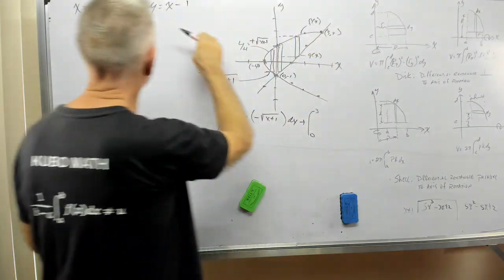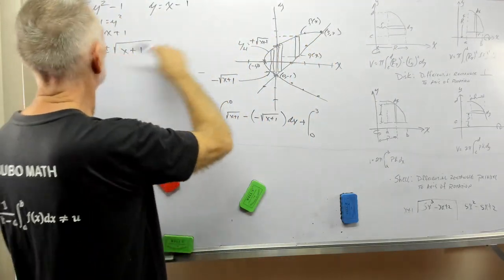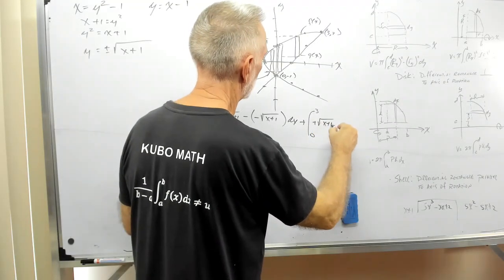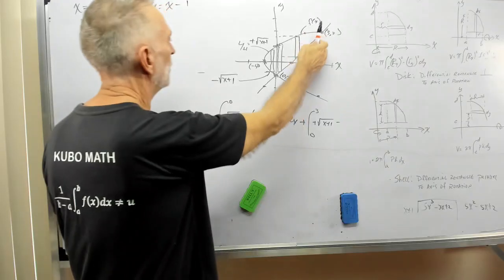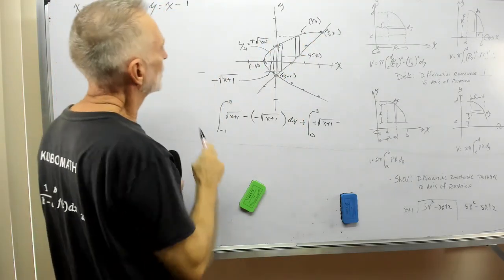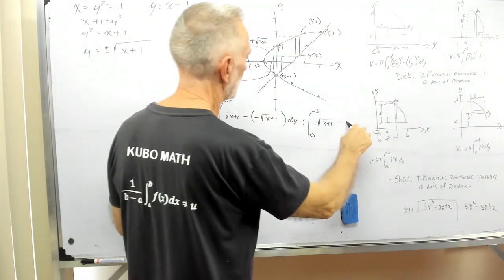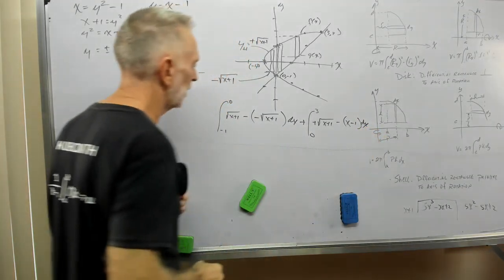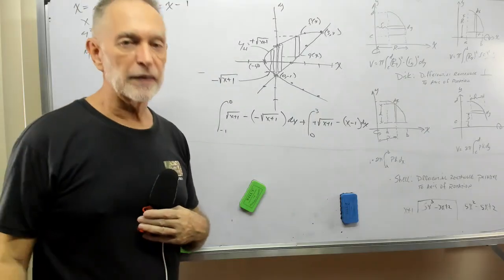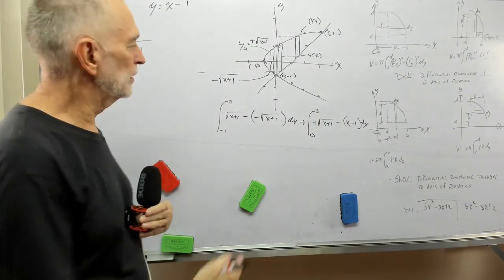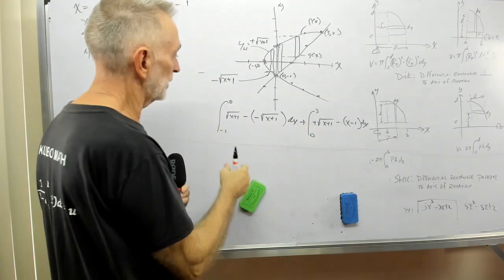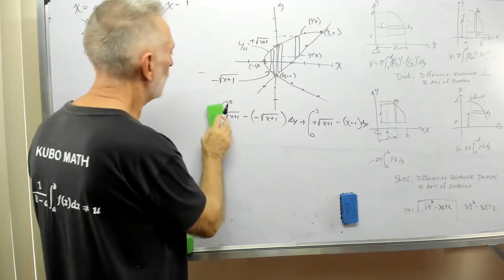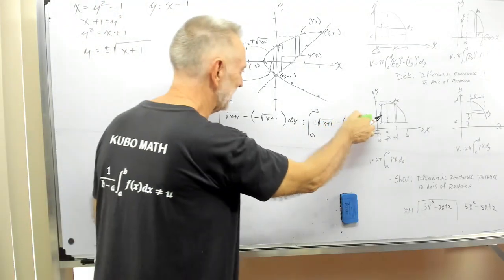So f of x then was plus the square root x plus 1 minus what? Minus g of x, which is x minus 1 dx. I don't want to do it that way because there's a lot of integrals to work with. And now these are simple, but they could be complicated. So why not do the dreaded d of y?